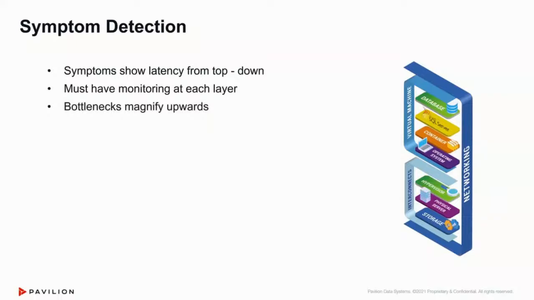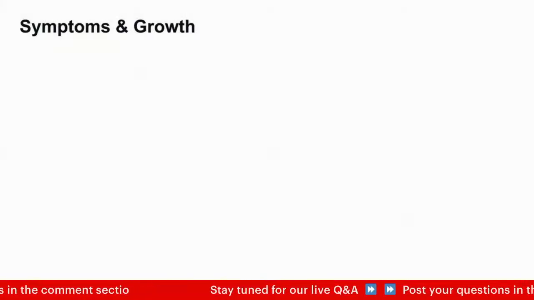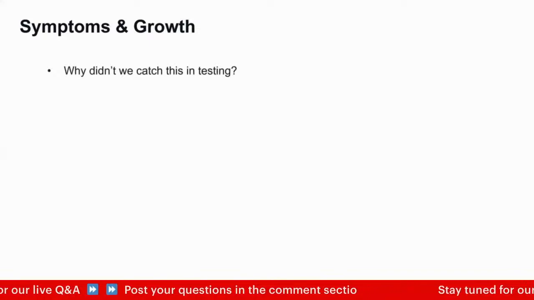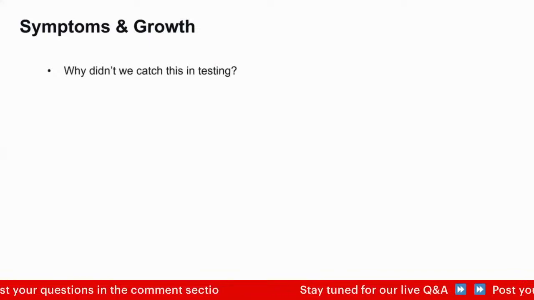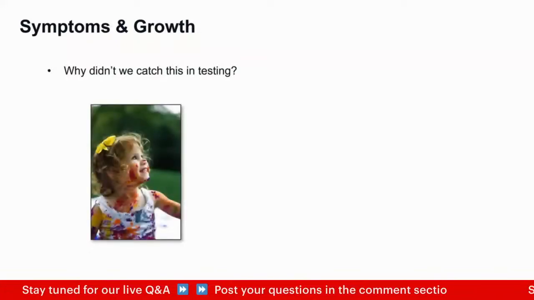The bottlenecks will tend to magnify upwards, and if you're looking at 1 or 2 of these data points, you may not see everything. So people always ask, why didn't we catch these bugs in testing? Well, it sounds like it's an easy question, but it's really not.